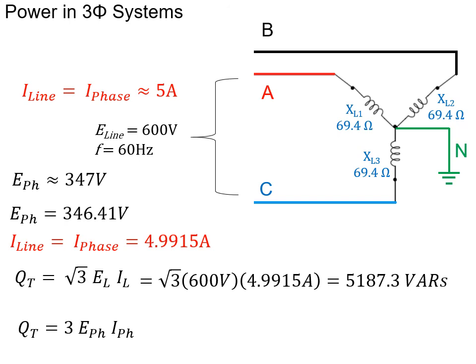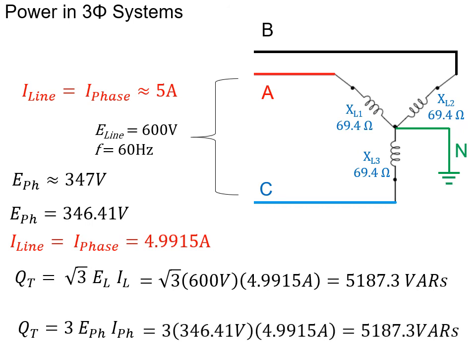We could equally as easily have calculated that out to be root 3 E phase I phase, which, when multiplied out, gives us an identical answer of 5187.3 VARs. If you use the rounded values of 347 and 5 amps, those values will change ever so slightly.